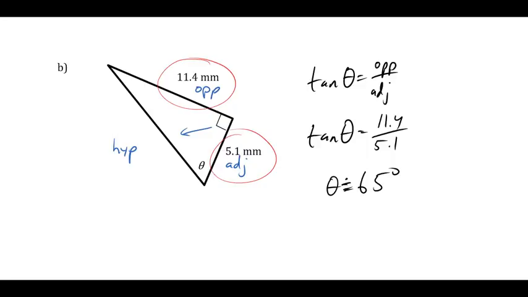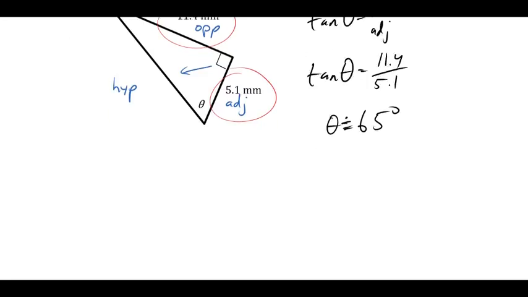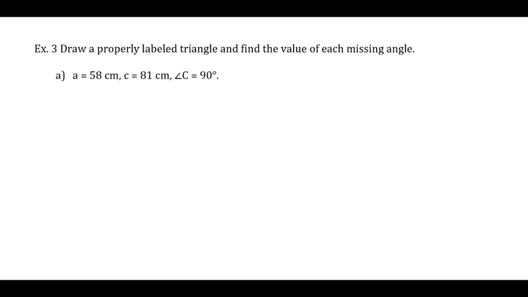Shift tan. I got shift 10. Why do you have a 0 in there? Shift tan, open bracket, like that. Yep, 11.4 divided by 5.1. Yeah, okay, so 66. That's okay. Yeah, I got 65. Good, 66. That is weird. I don't like that.